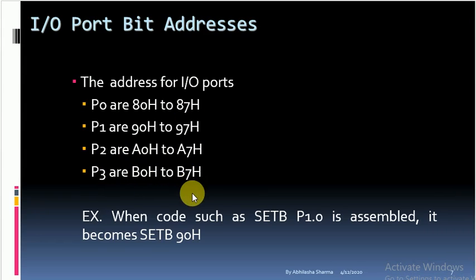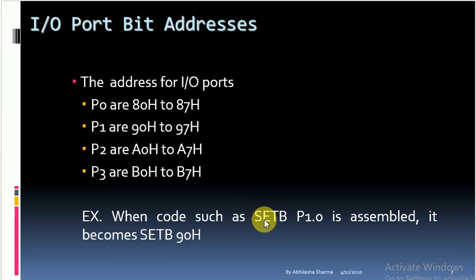So what do we mean by this? Here I will write down one example. Suppose we want to set a bit of port 1, then there are two methods for writing this operation. For example, I can write SETB P1.0. SETB is just the instruction used for the 8051 microcontroller.